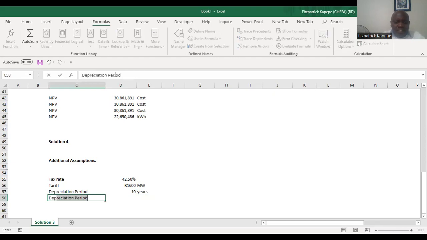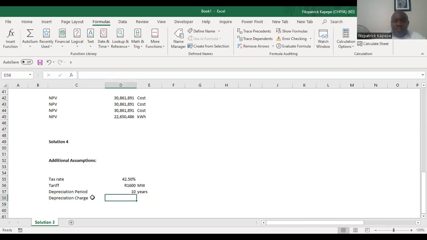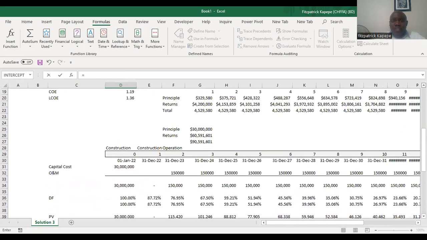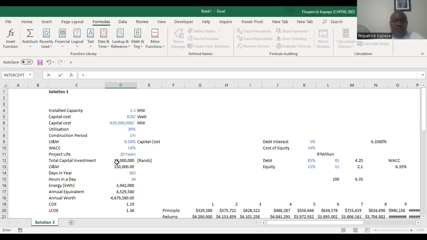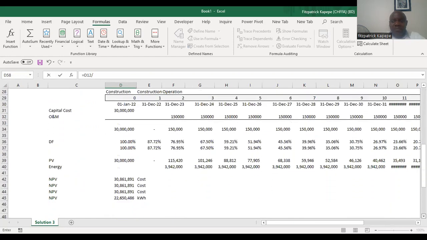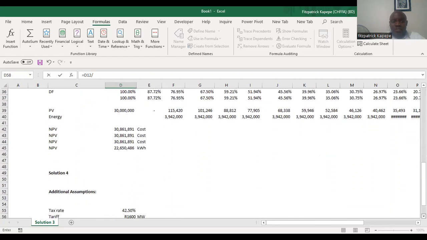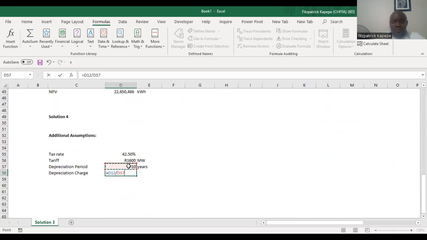So the depreciation charge would be your 30 million Capex, or capital investment, divided by the economic lifespan. That's method one that we're going to use, which gives us 3 million rands every year.